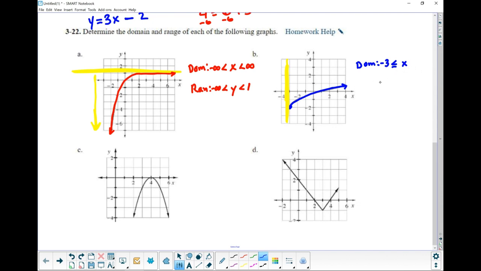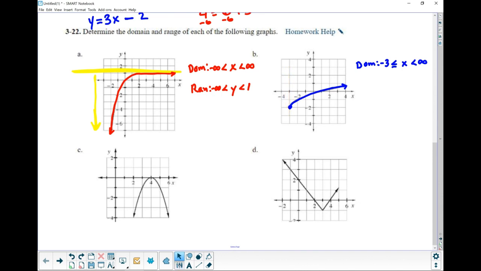Then you see the right arrow; it's going to keep going to the right for the x, and that is going to be your infinity. So x is going to be less than infinity. Make sure your x is in the middle between those two numbers.